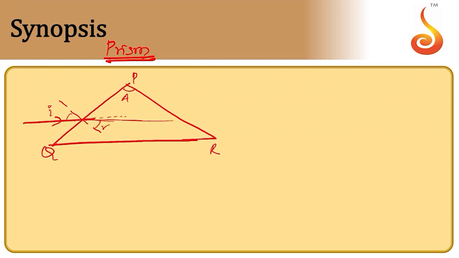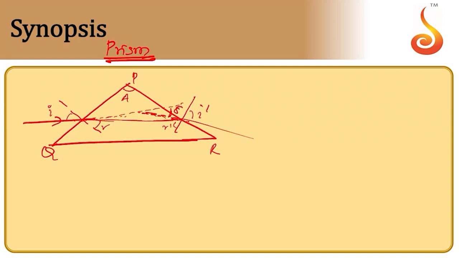It should have actually traveled along this direction, and it is incident here, and it gets out like this. This is R dash and this is I dash, and it tries to get out like this, and this is the final emergent ray's direction, and this is the deviation delta.